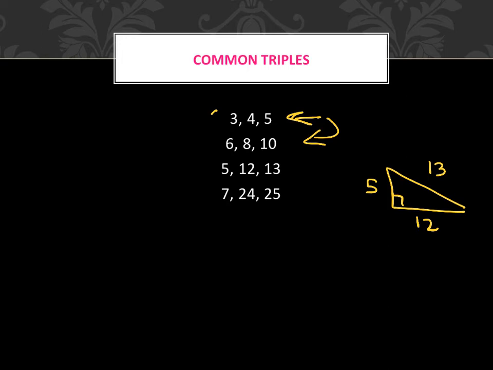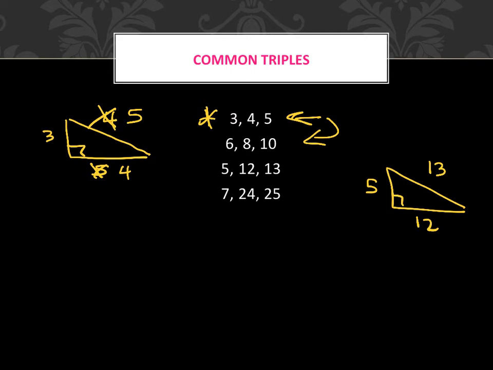So for example, on this 3, 4, 5 triangle, if you had a right triangle, remember that the 4 couldn't be here, okay? And then the 3 and the 5. This would not work. This would have to be the 5, and this would have to be the 4. Remember, the hypotenuse, or the largest number, is always across from the right angle.